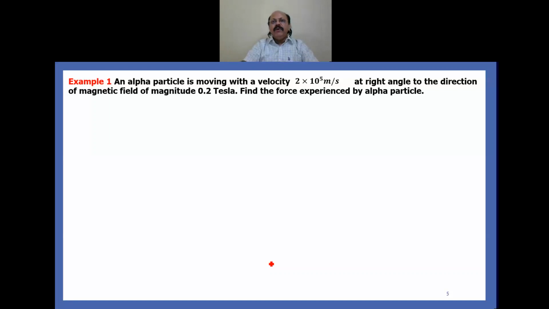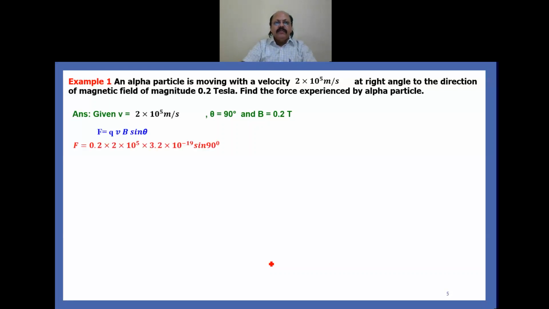Then find the force experienced by the alpha particle. First you understand the language of the question, then you write down what is given. Velocity is given, angle theta is 90 degrees, magnitude of magnetic field is given as 0.2 Tesla. Then you apply the formula you learned, F equal to QVB sine theta, and substitute the values.